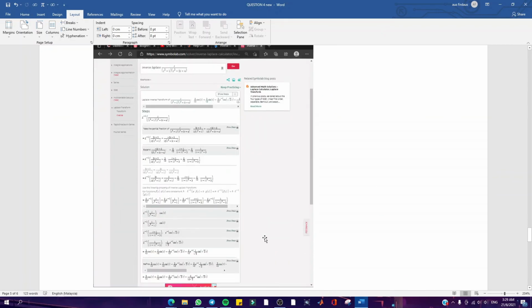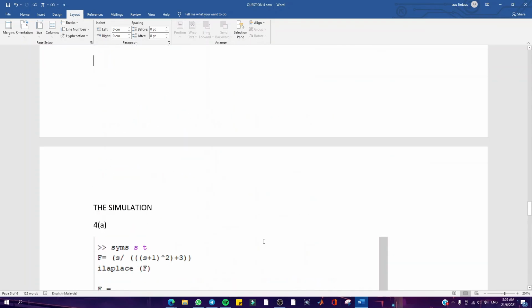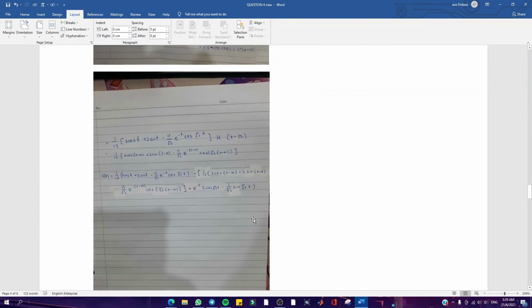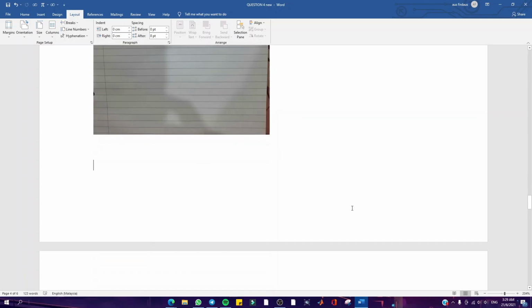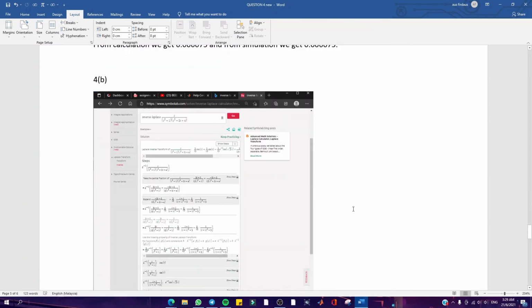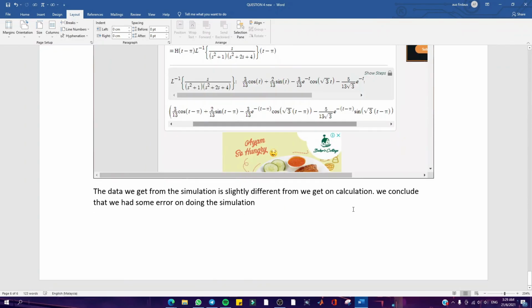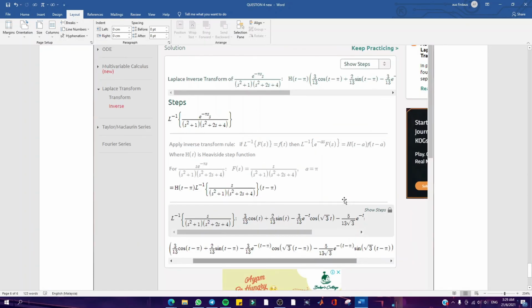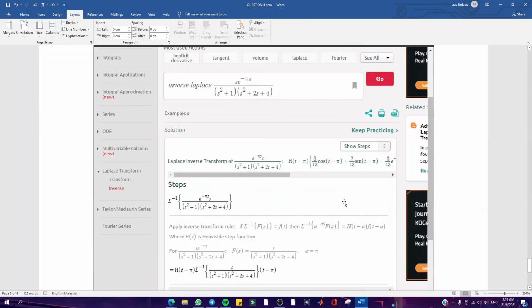But we get 4A and 4B the same, so I think there is no problem for the last answer for 4D, because 4D also depends on the answers of question 4A and 4B. So maybe there is some problem with the simulation in 4D because, as I said earlier, it depends on 4A and 4B. 4A and 4B are exactly the same, so there is no problem from our calculation.